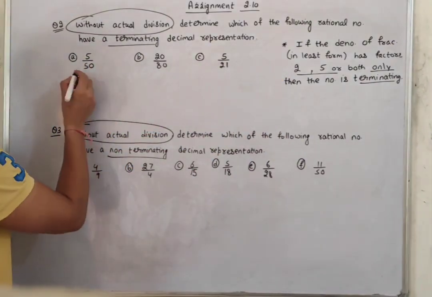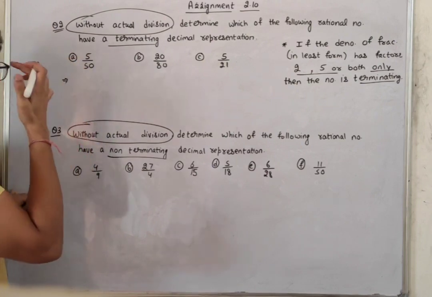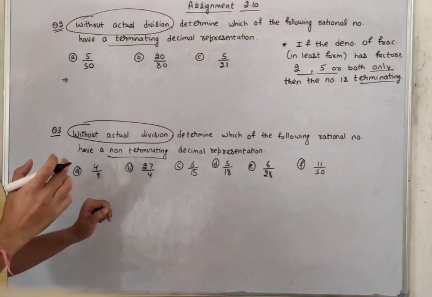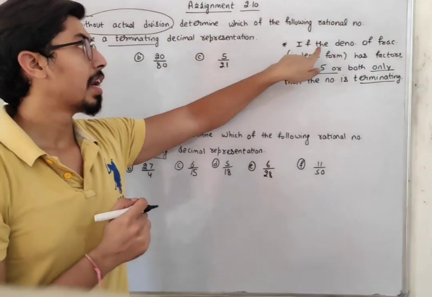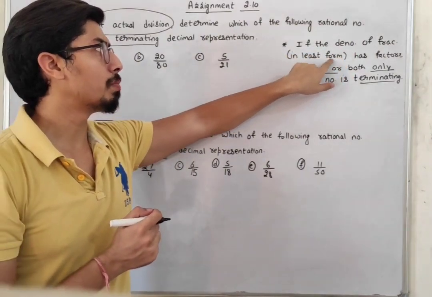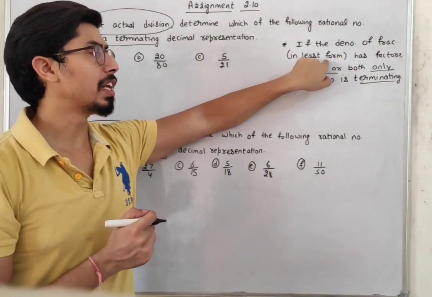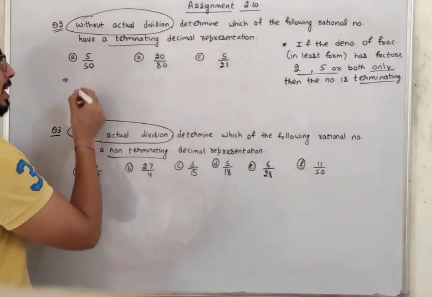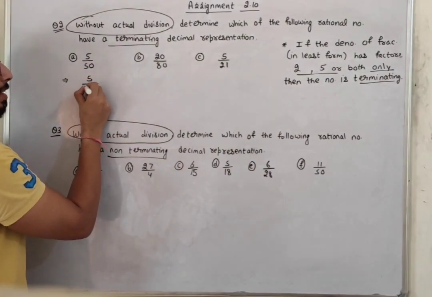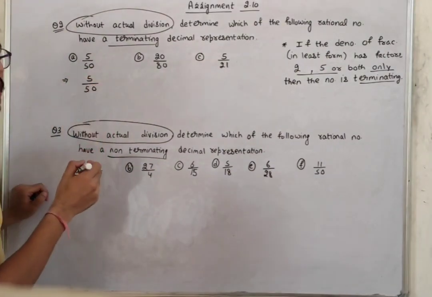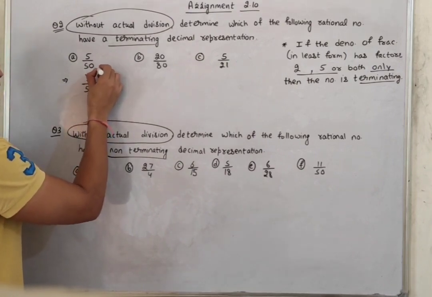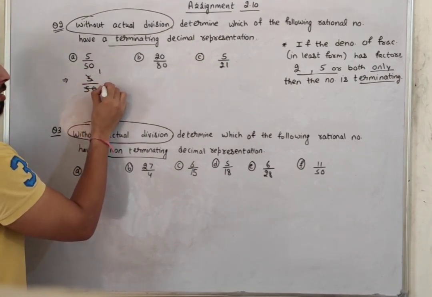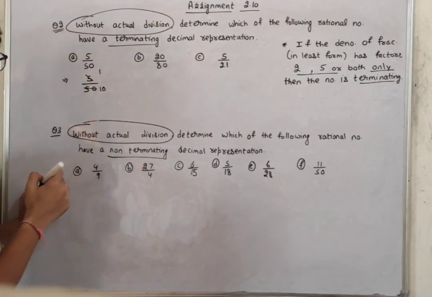See students, 5 by 50. First we have to convert into the least form, because the denominator of the fraction must be in the least form, so we have to convert into the simplest form. So if I take 5 by 50, I can cancel it as 5 ones are 5, 5 tens are 50.